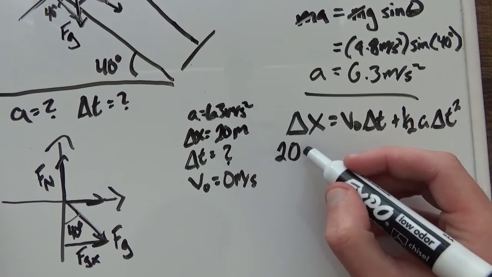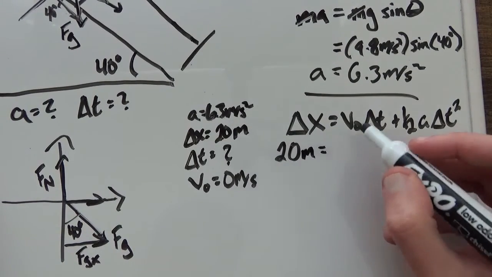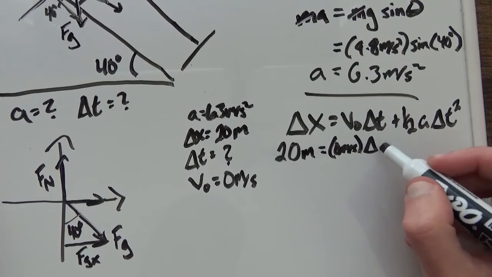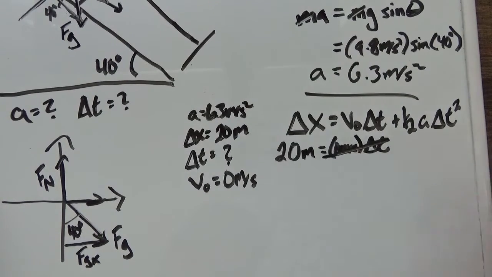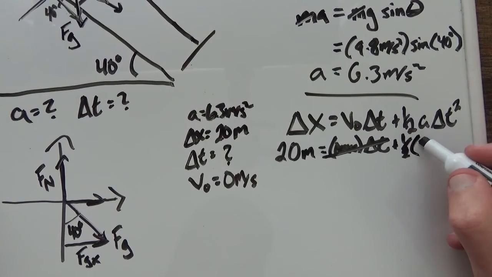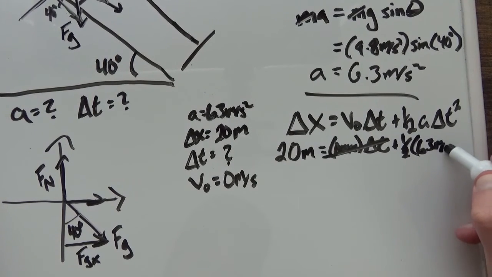Delta x is 20 m, v0 is 0 meters per second times delta t, so this goes away. Plus 1/2, our a is 6.3 meters per second squared, delta t squared. Great. Then you just do some maths.